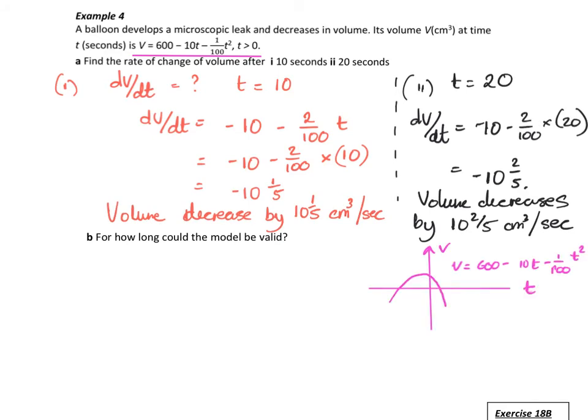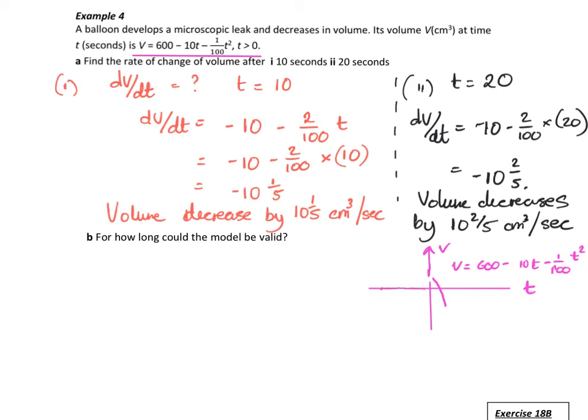Part B asks us how long would the model be valid. Now let's have a look at our function for volume. Volume is pretty much a quadratic. So therefore, the only part of the quadratic that we want is when t is greater than 0. Although that is the diagram for the whole volume, if there were no restrictions, because there are restrictions, I only want that part of the graph.